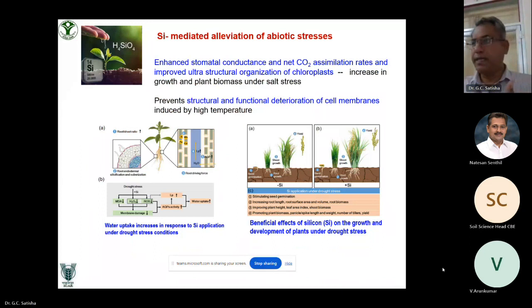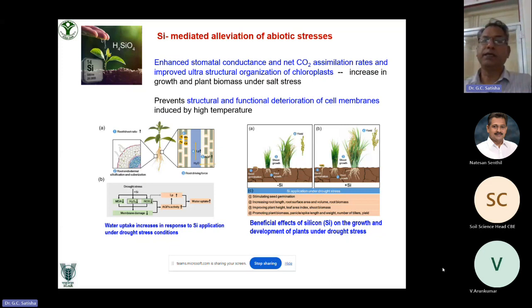One is salinity problem, water stress will be there. Then another one is high acidity or low acidity. These are the various abiotic stresses where silica also plays a significant role.